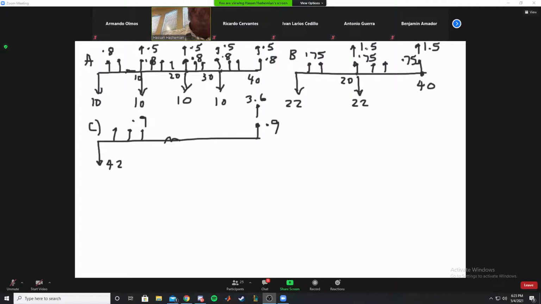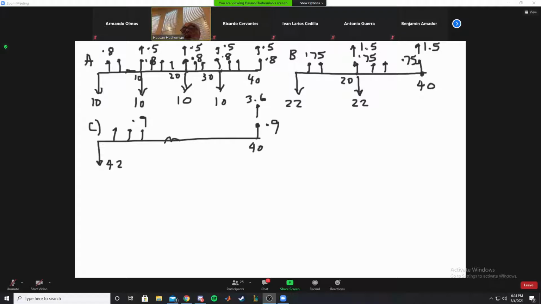Okay, 3.6. And this is for 40 years already. So you have to draw these diagrams in order to analyze it, but make sure that you have the same period, 40 years. You cannot compare them if you have different years.